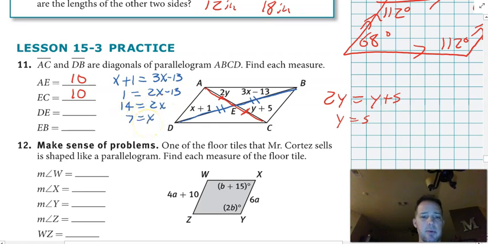So we end up with x equals 7. So plug it back in. We get 7 plus 1 is 8. And 21 minus 13 is 8. So both of those equal 8. So DE is 8 and EB is 8. Okay, so far so good on that first one.